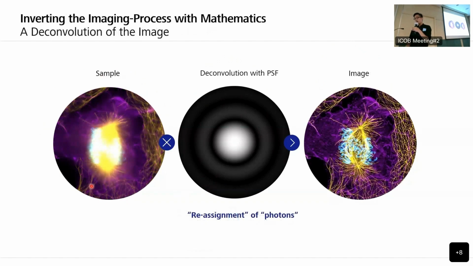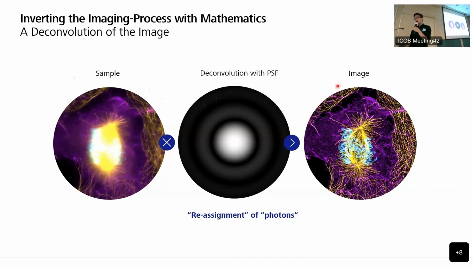For now, we try to do the process inversely. So we do the deconvolution process. This is the image we get from our maybe confocal or wide field microscopes, and then we do the deconvolution calculations. Based on your optical systems, we may design different deconvolution algorithms to cope with different situations.